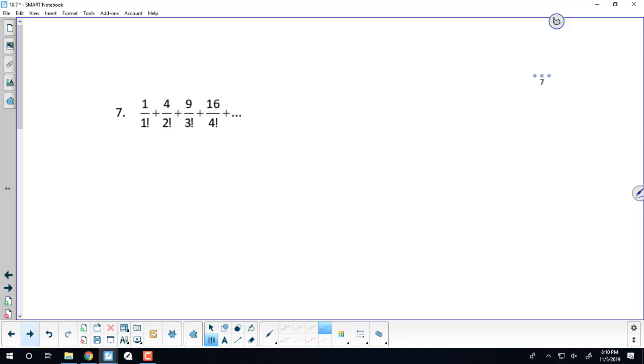Example 7 is not in closed form, but we could certainly write out what the series is. We see the factorial on the bottom, so we're going to use the ratio test. And what would the series be? I guess we'll start at 1 and go to infinity. k squared over k factorial.